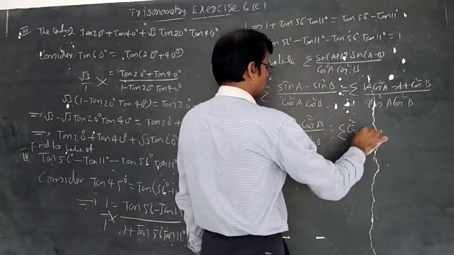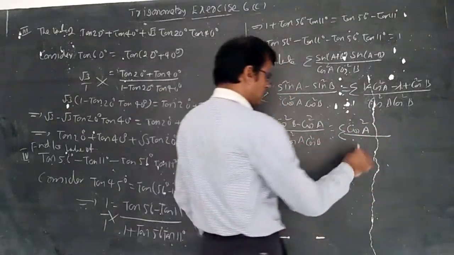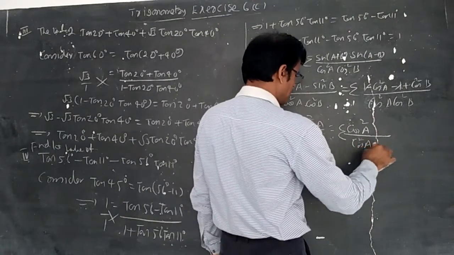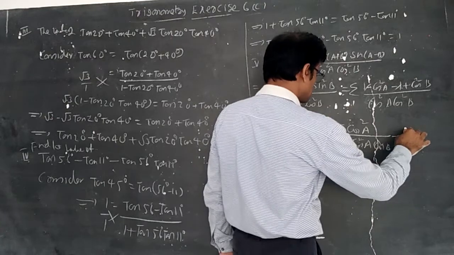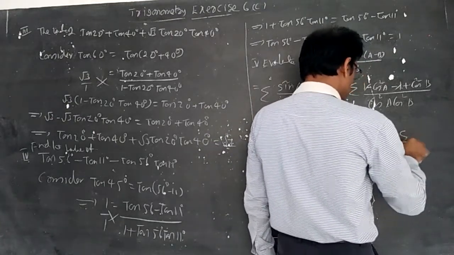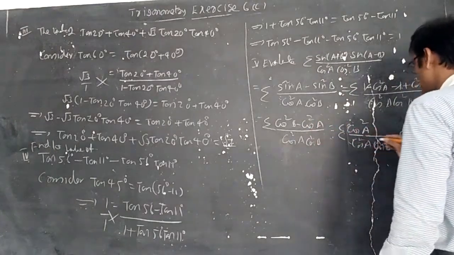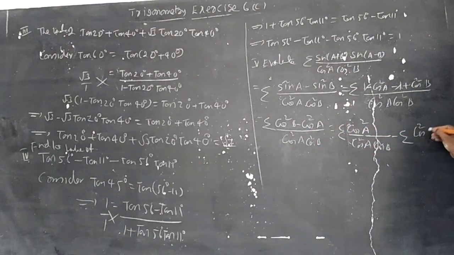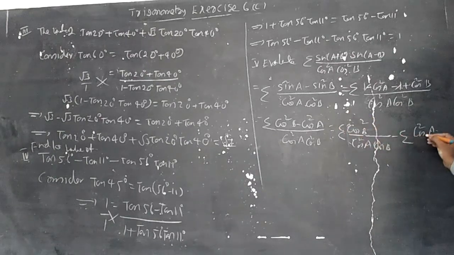Distribute the denominator: sigma cos square b by cos square a into cos square b, minus sigma cos square a by cos square a into cos square b.